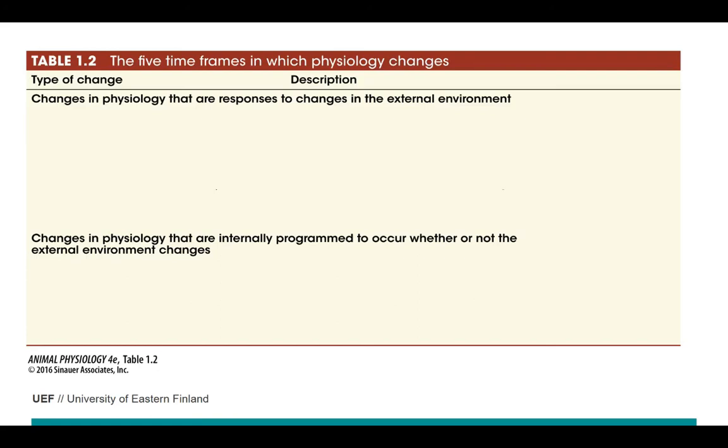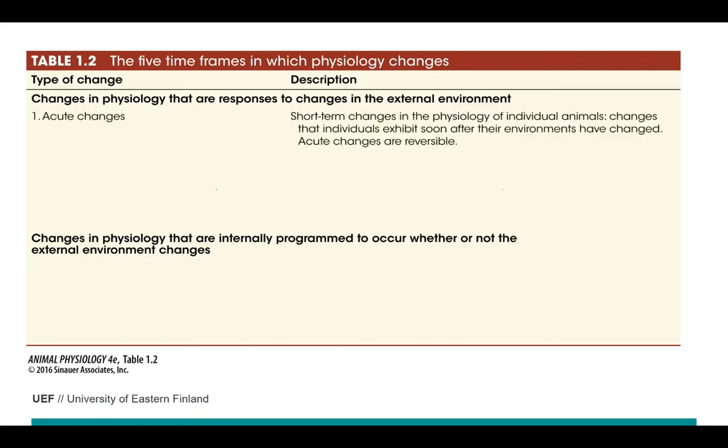And first of all, we have these acute changes. When we change the environment, the response happens practically immediately. When we start running, our heart rate increases very soon. And these changes are reversible, and they don't need any changes in protein expression, etc.